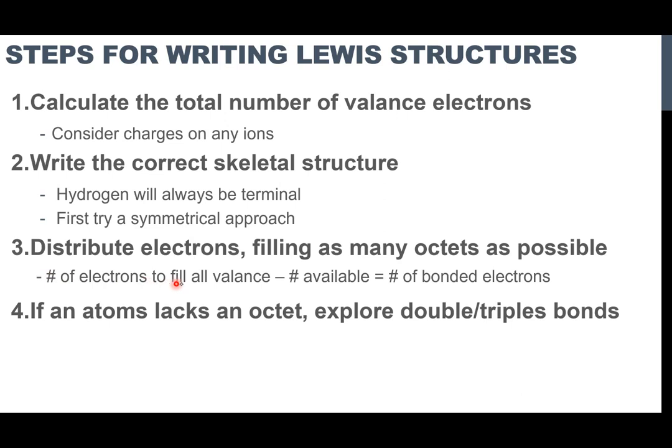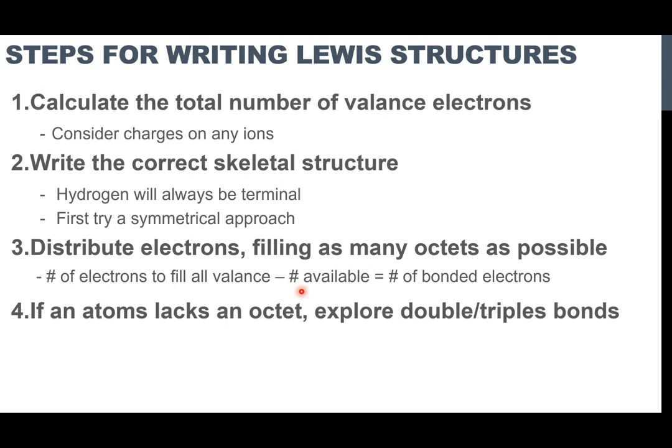We're going to take the number of electrons that would fill all the valence. So how many electrons would make everybody happy? For the most part, everybody's going to want 8. Again, the one exception is hydrogen. So we're going to calculate what would make everybody happy. We're going to subtract from that number the number of available electrons.